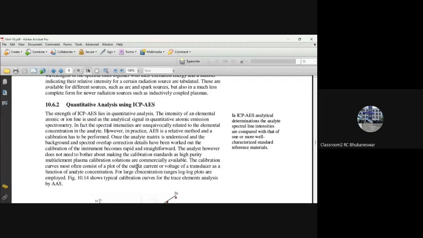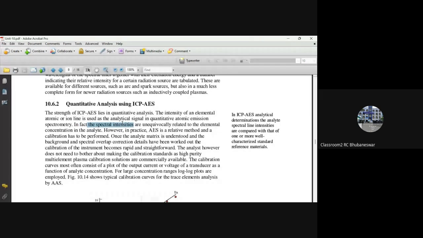Where I was. So, in fact, the spectral intensities are unequivocally related to the elemental concentration in the analyte. However, in practice, the AES is a relative method, and a calibration has to be performed. Relative method means relative to your reference sample, some standard sample; there should be a calibration plot.